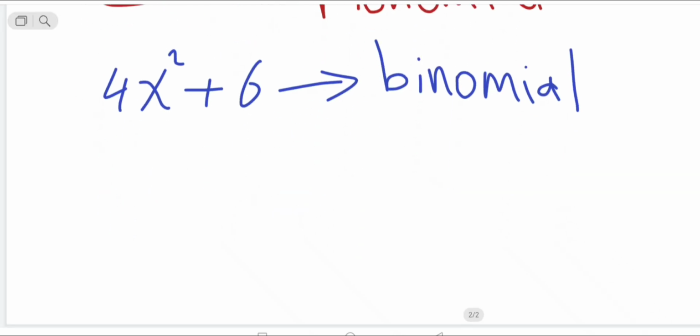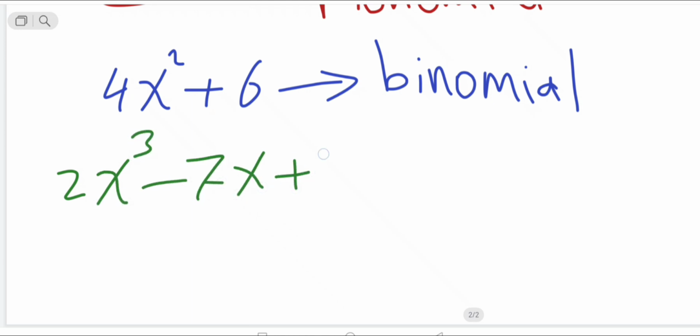If there are three terms, for example 2x cubed minus 7x plus 2, we say trinomial.